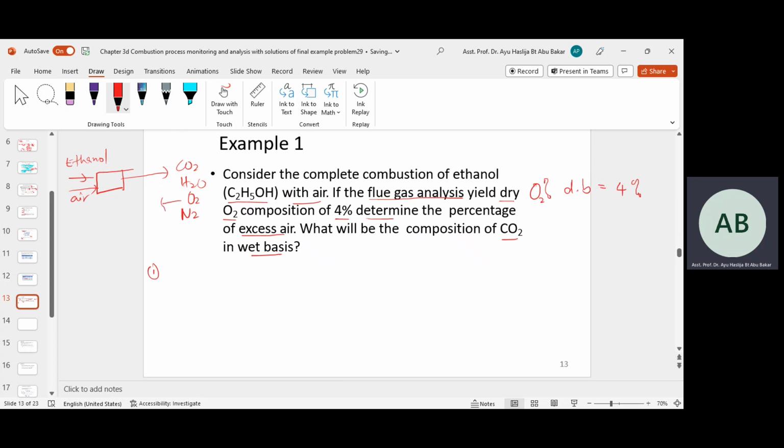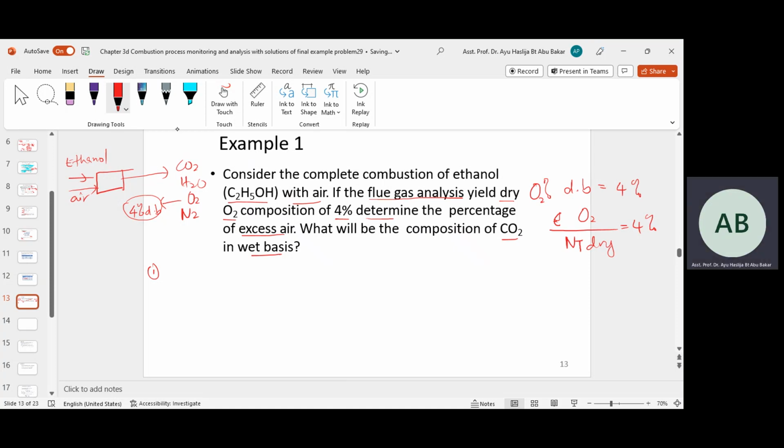So this O2 is 4% dry basis. The 4% here means the O2 fraction, O2 moles divided by N total dry, gives you the 4%.